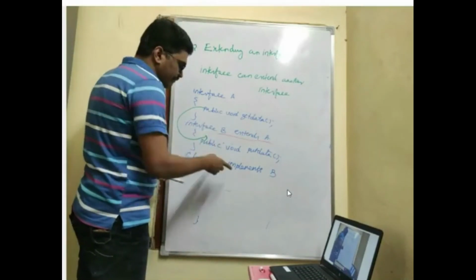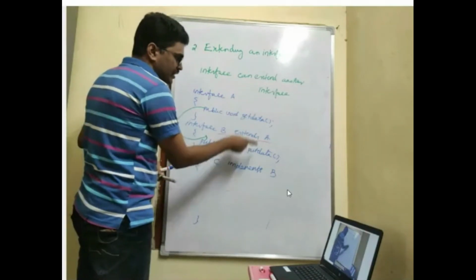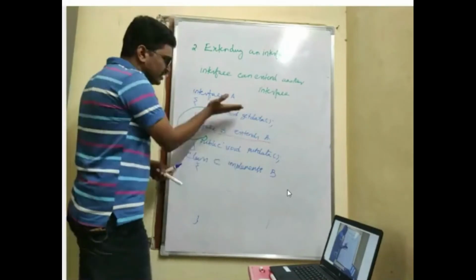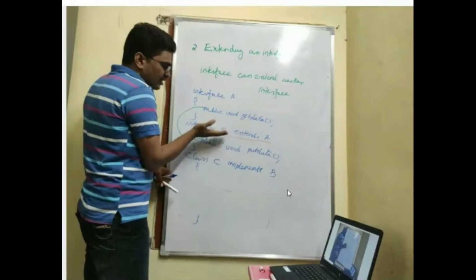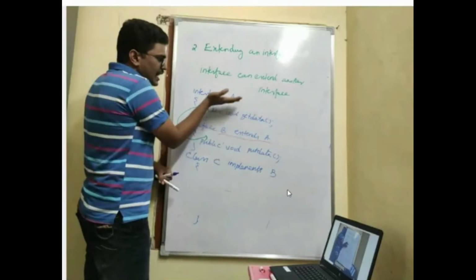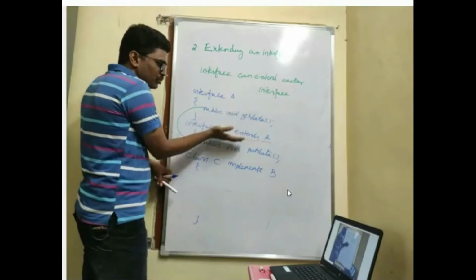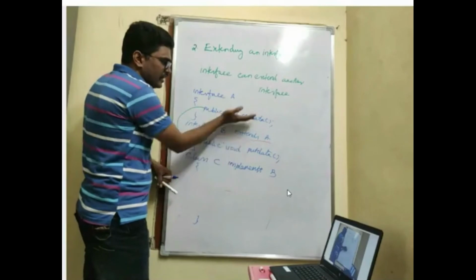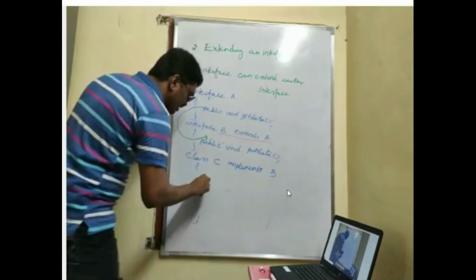So now when I implement B, I should implement both getData and putData. If I don't implement both, I'll get an error because this method is acquired from A. Interface B is acquiring the properties of interface A. So whenever a class implements this interface, it should implement both methods, and I should write the definition for both.